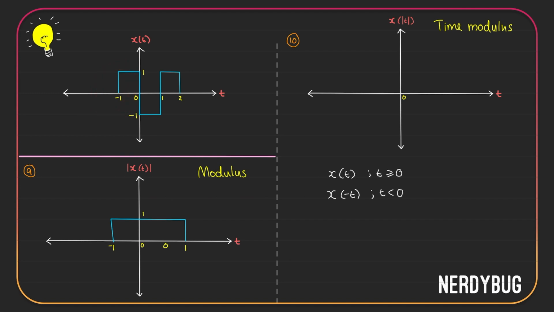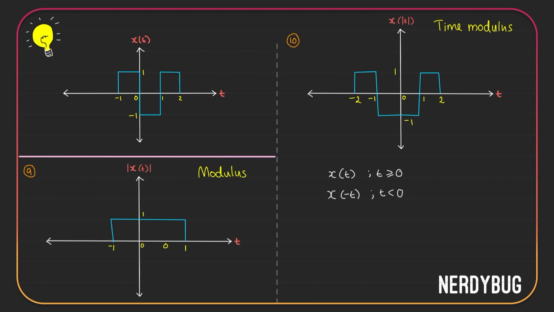On the positive side, we will get x of t. So it will look something like this. On the negative side, you will get the mirror image of the same thing. So it will look something like this. 1, 2, minus 1, minus 2. Amplitudes are 1 and minus 1. So we have done an example for all the operations we learned.